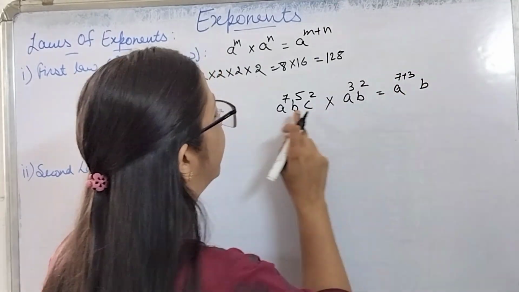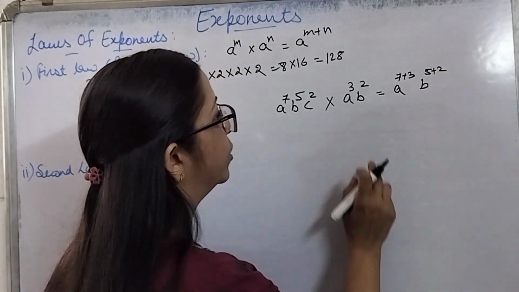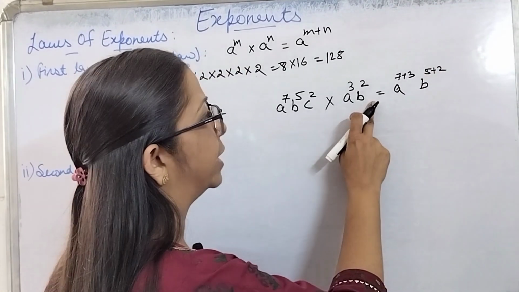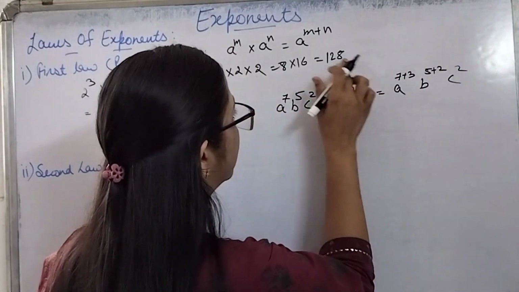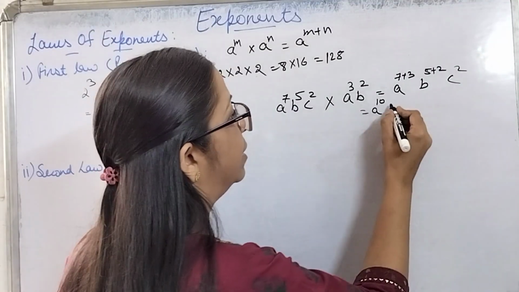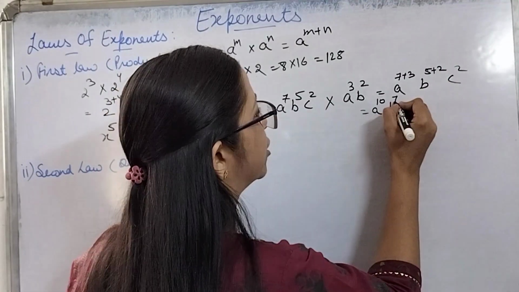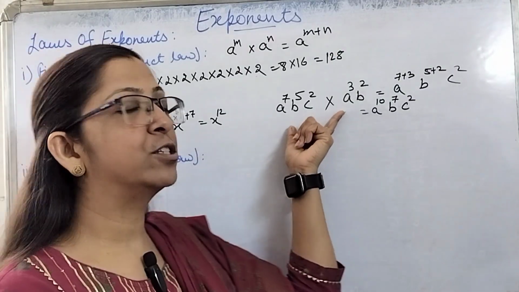Now b raised to the power 5 and 2, so 5 plus 2. There is no c in the second number, so we take c raised to the power 2 only. So the product will be a raised to the power 10, b raised to the power 7, and c raised to the power 2.